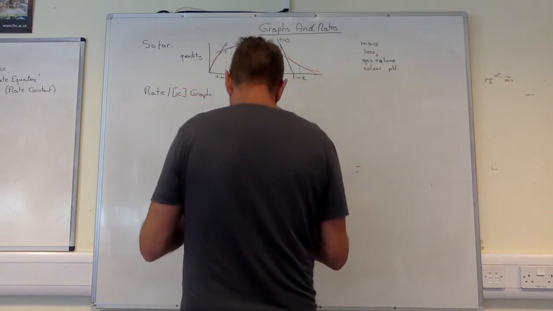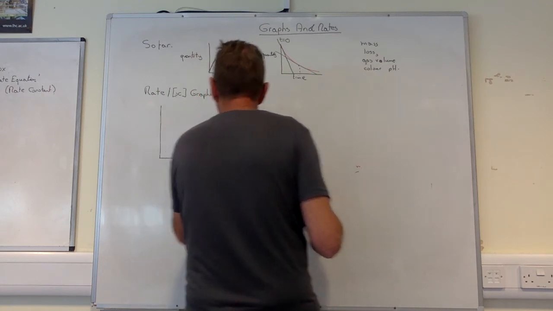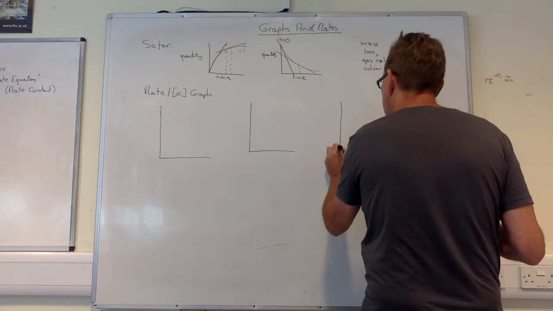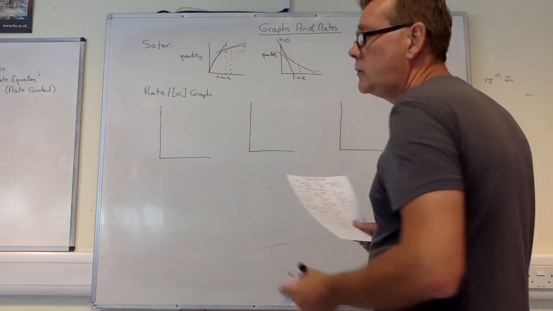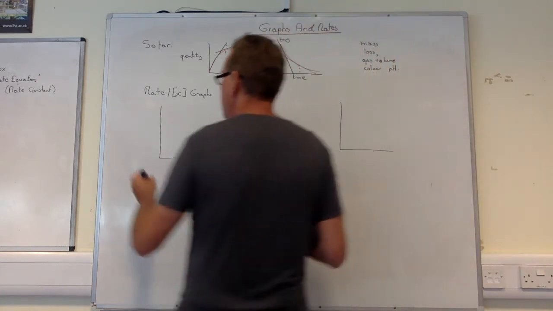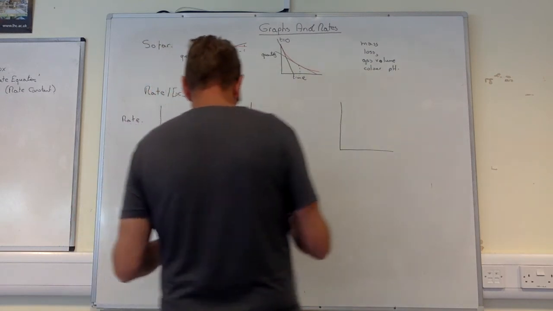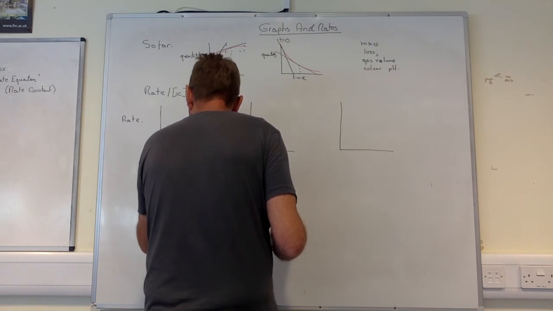Same deal. They're not the same, they are totally different, and they'll try and catch you out in the exam to see whether you've learned them, and give you little multiple choices on these. Right, rate against concentration of X as the reaction proceeds.